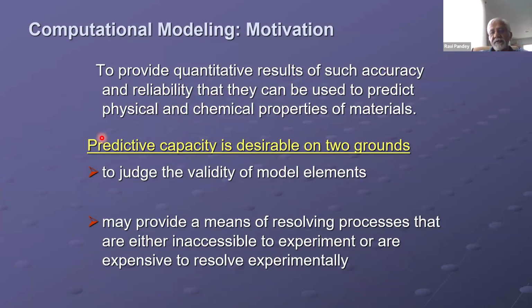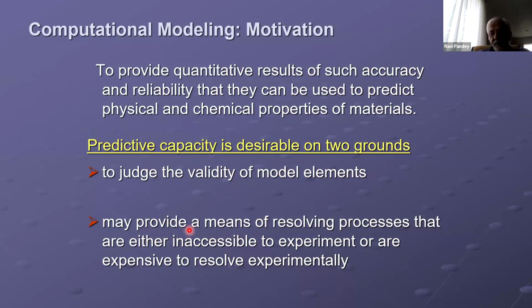It gives us confidence about how good our model elements are: the basis set, be it plane wave or Gaussian basis set, the K-point grid, the integration grid, and the exchange correlation functional form. Once we verify these model elements, we can go on and predict the properties.